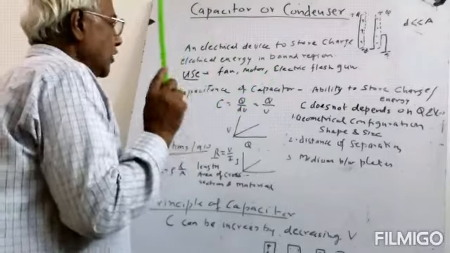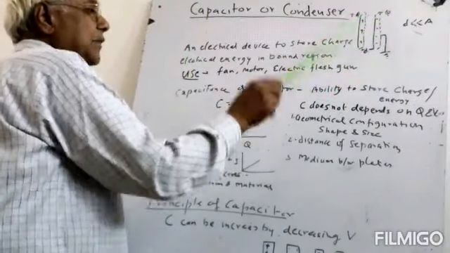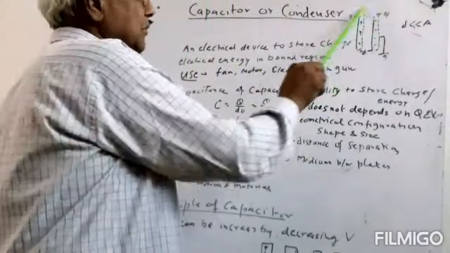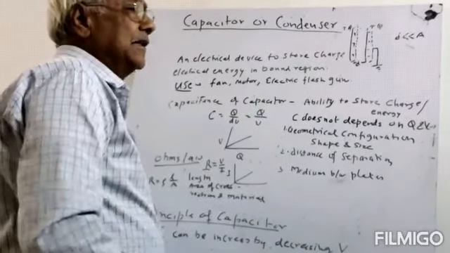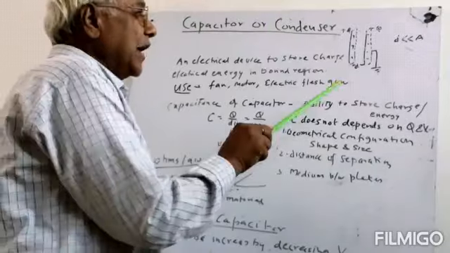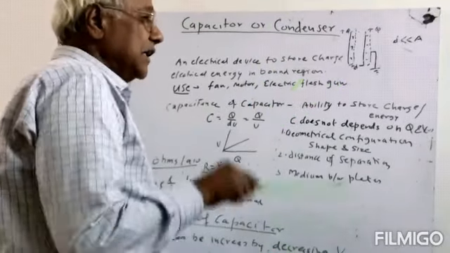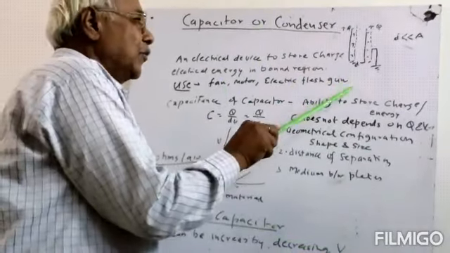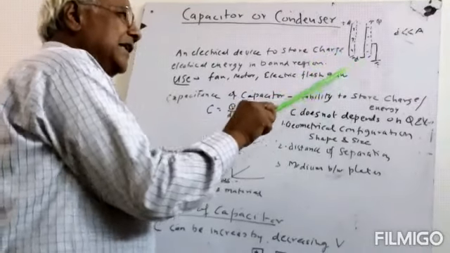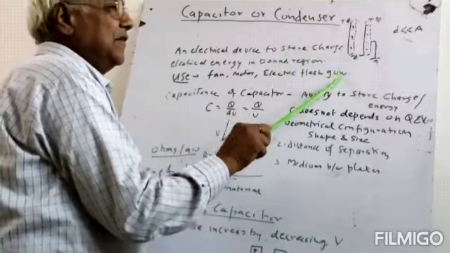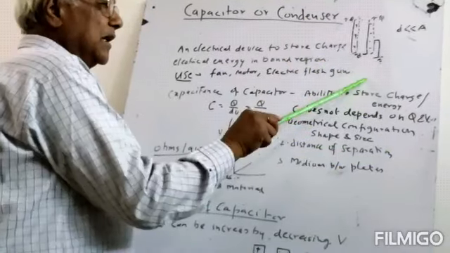Now, what is the use of such a capacitor? Suppose we want to start a motor or a fan, then we require high current initially to start the motor or the fan. When it is started, then we will get a very small current.